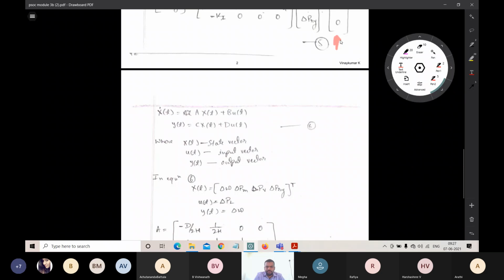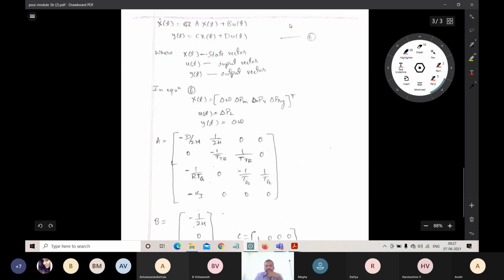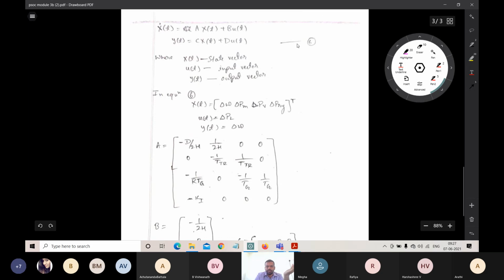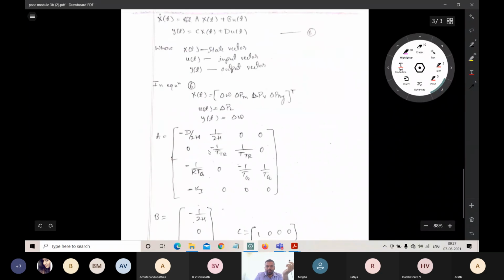And y of t is the output vector, delta omega. Just compare equation 5 and equation 6. By comparing, we get A is equal to the state matrix.